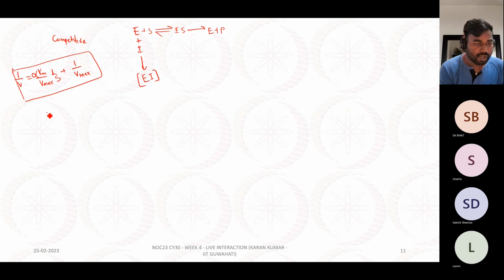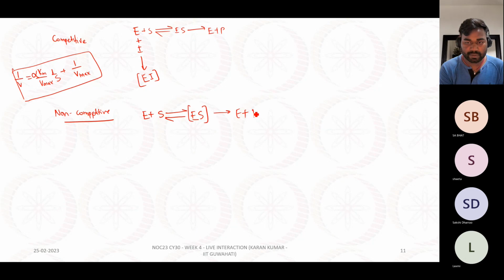But in case of non-competitive, it can act at both sides. Sorry, I confused you people, this is ES, and you are getting EP. So in case of non-competitive, it can act at both sides.